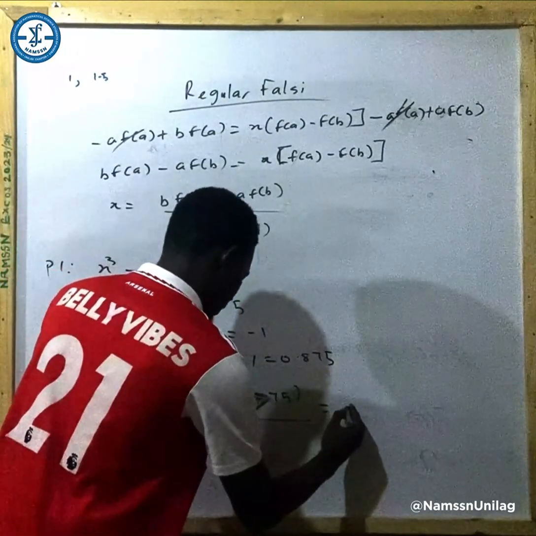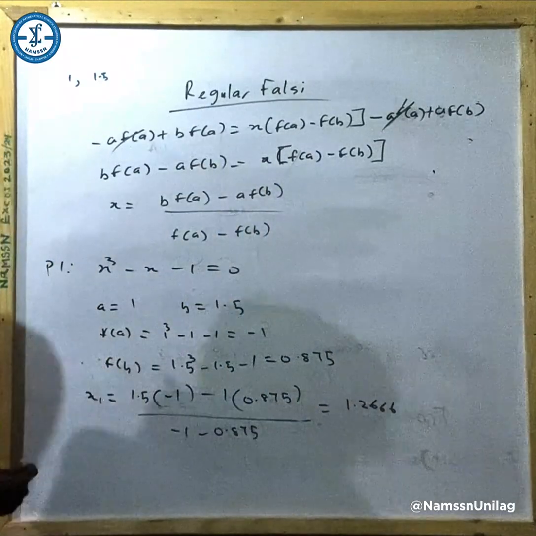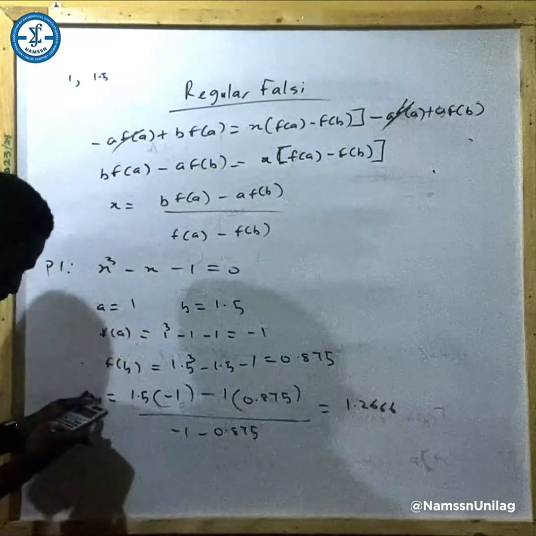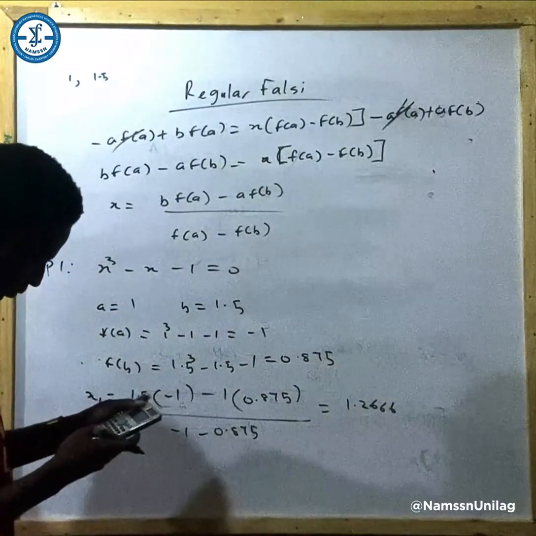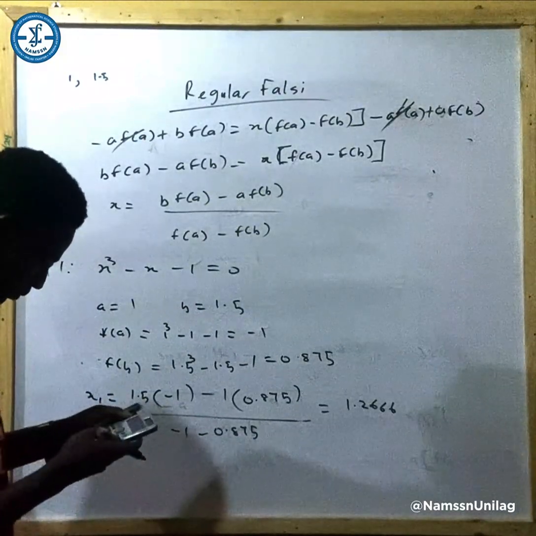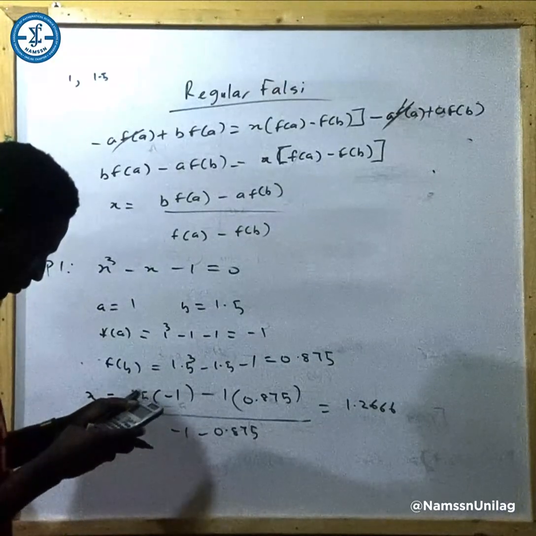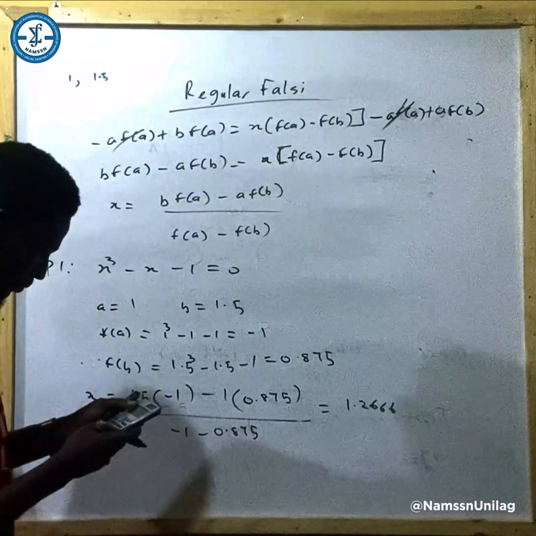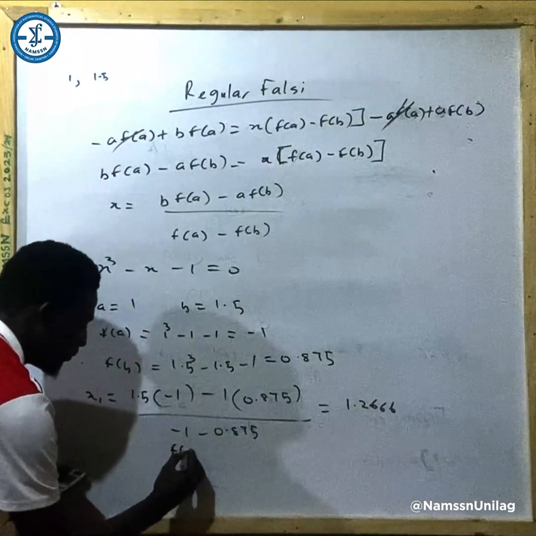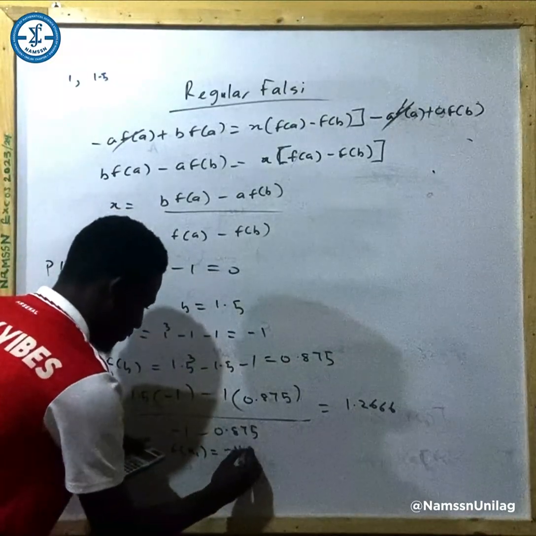So this gave me 1.2666. You have to check if this is positive or negative. I know that my f of x1 is negative.